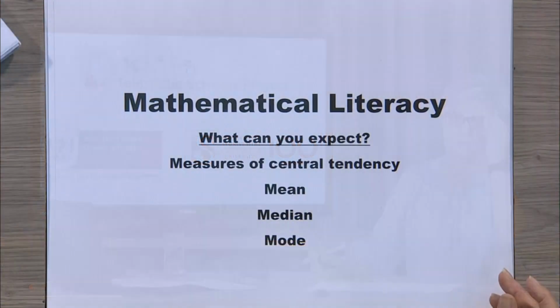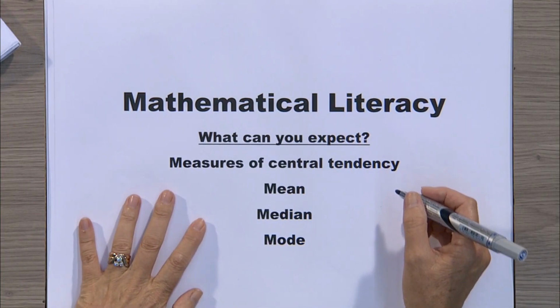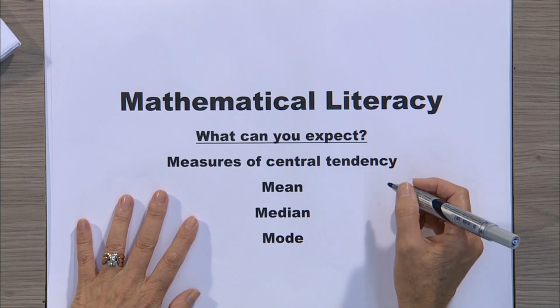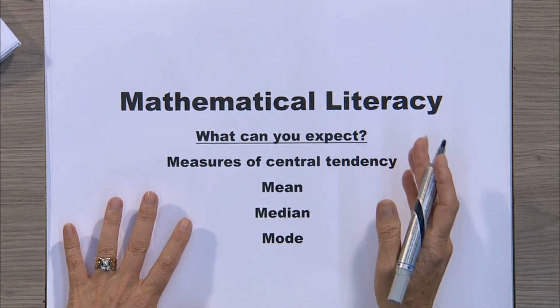All right, so we are going to move along to what we call measures of central tendency. Now, not necessarily in a paper 1, but in a paper 2, they can ask the question and say, use the measures of central tendency and work out the following.